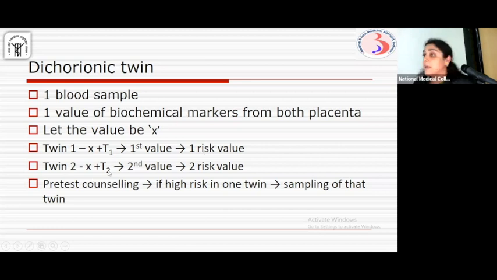And it adds the NT of the other twin to the X MoM value, and it gives another risk value for the other twin. So here, after the pre-test, the parents should be counseled adequately that for these two fetuses we may get two different values. And here we need to sample the twin which has the high risk.